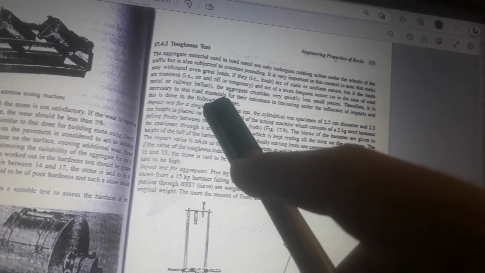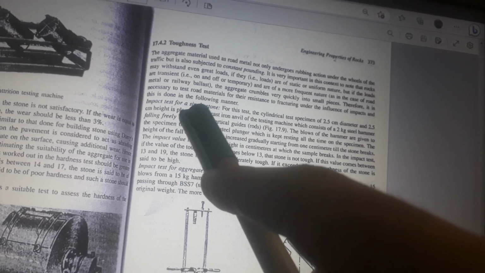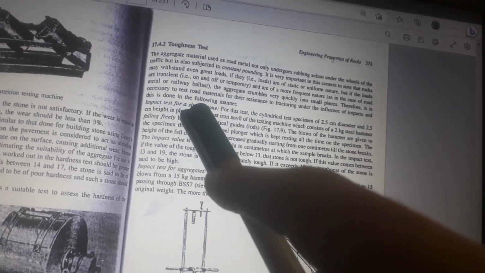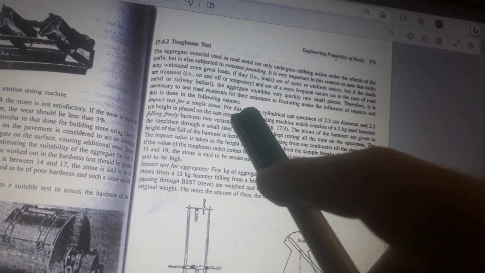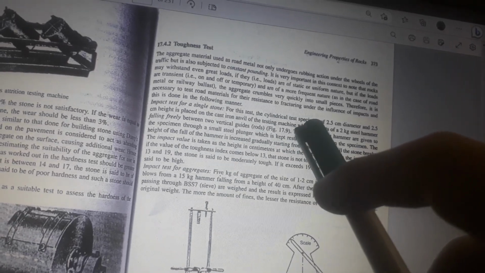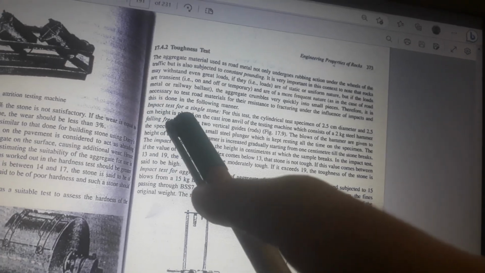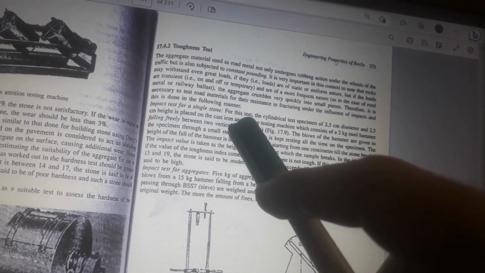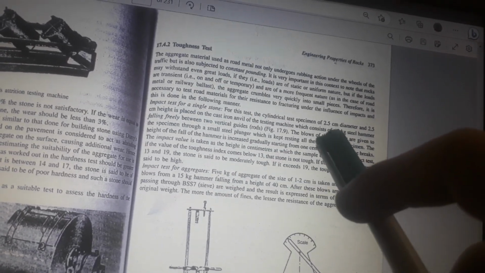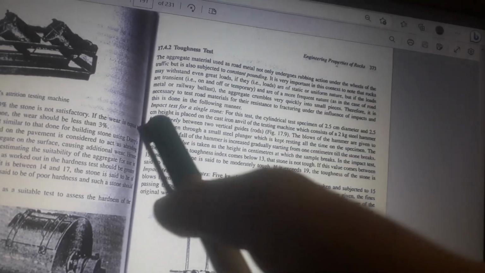This is done in the following manner: impact test for single stone. For this test, a cylindrical test specimen of 2.5 cm diameter and 2.5 cm height is placed on the cast iron anvil of the testing machine, which consists of a 2 kg steel hammer falling freely between two vertical guide rods.